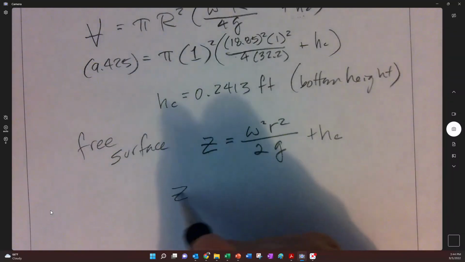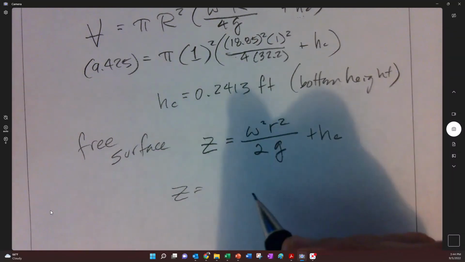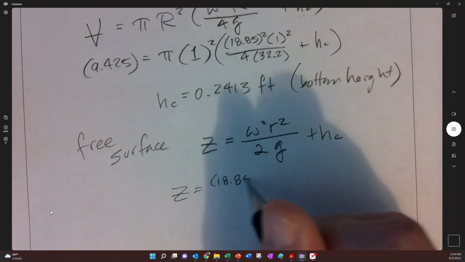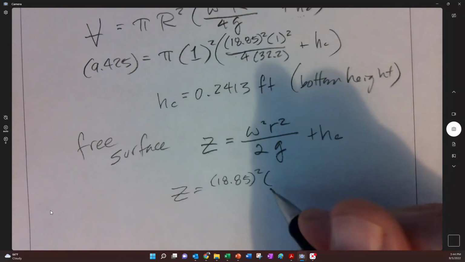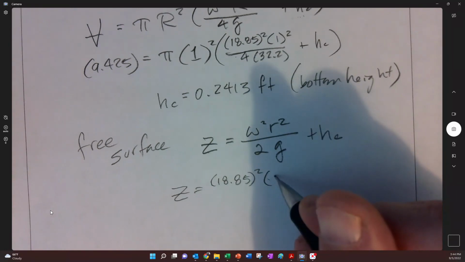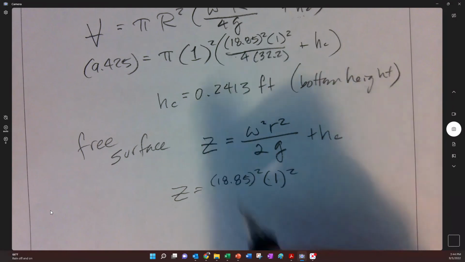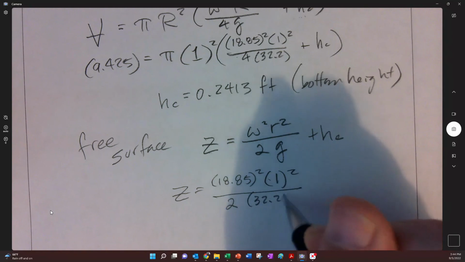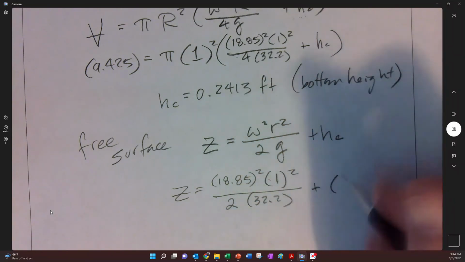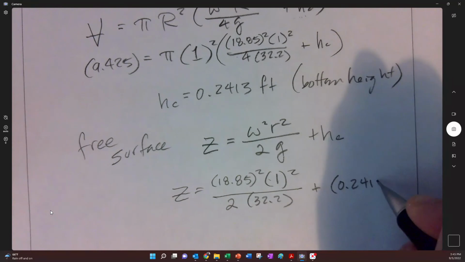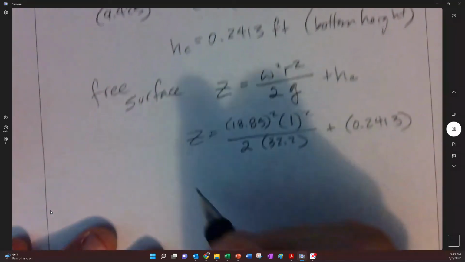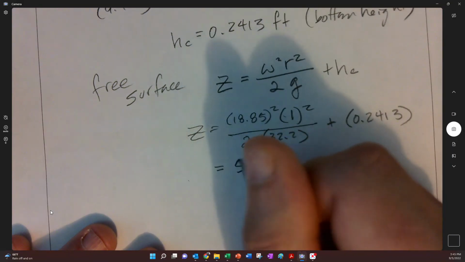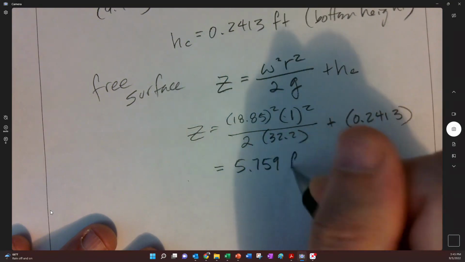So we're able to figure out how high the wall has to be by taking omega squared, 18.85, square it, the radius of the thing, and this is the radius anywhere, but it's also going to be the radius at the outside, divided by 2, divided by 32.2, but add in that initial height, and that's what we just got. That's why we got it. And we end up finding that the answer here is 5.759 feet.